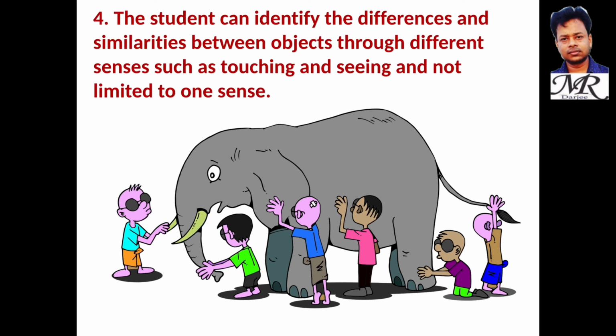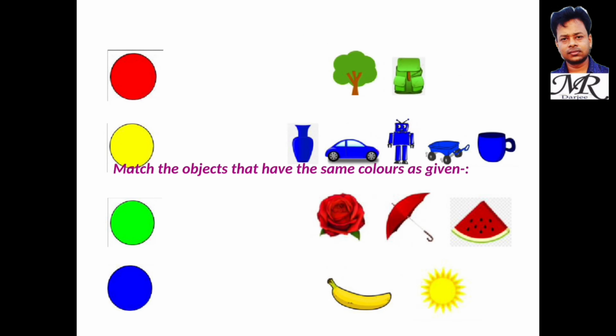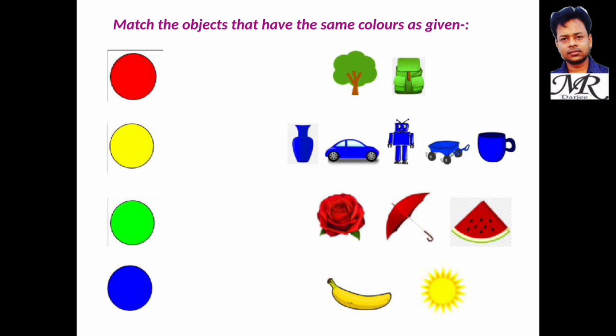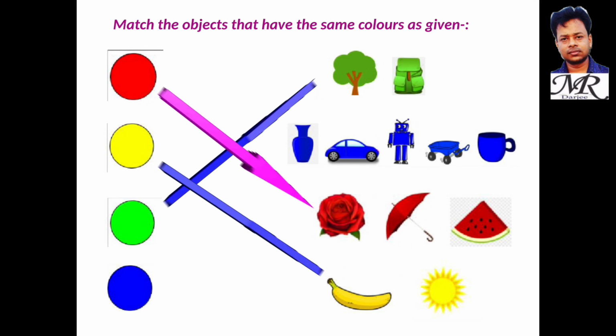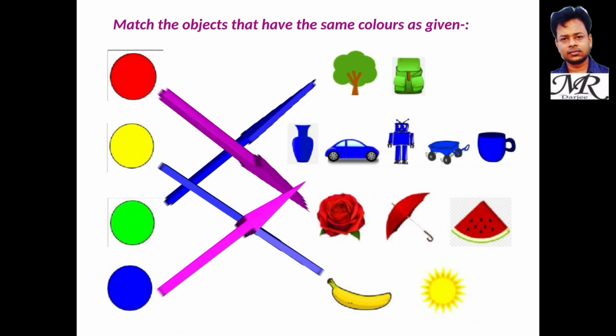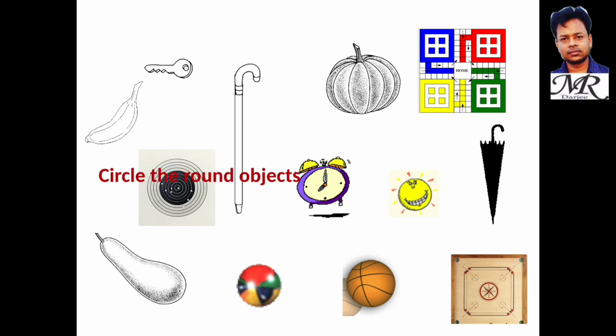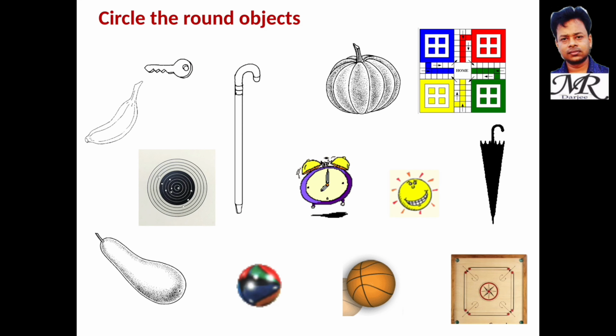The student can identify the differences and similarities between objects through different senses, such as touching and seeing, and not limited to one sense. Match the objects that have the same colors as given. Circle the round objects.